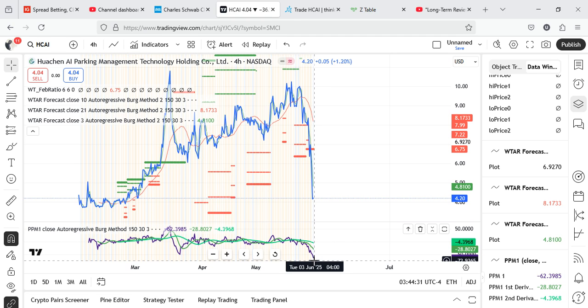This is for its 10 period moving average. You can see we have a negative 62.39. The probability of it remaining below its 10 period moving average is statistically very high, but at the same time, things can change.